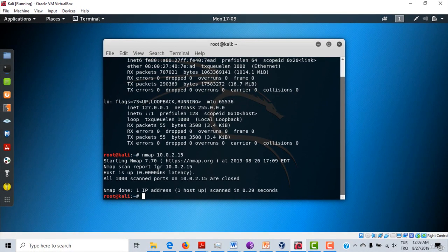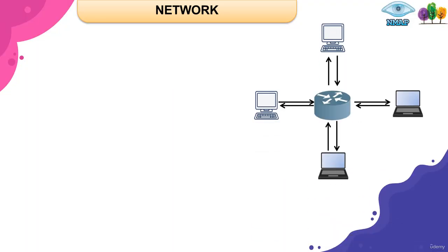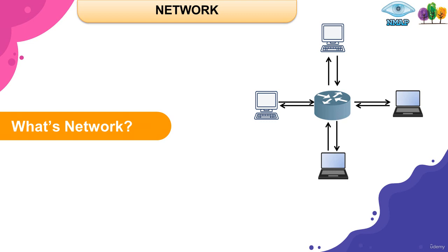So we've got to talk about what a network is. Yeah, I know we've already defined network, but let's dive a little deeper, shall we? It's a communication system that devices establish with each other in a certain area.